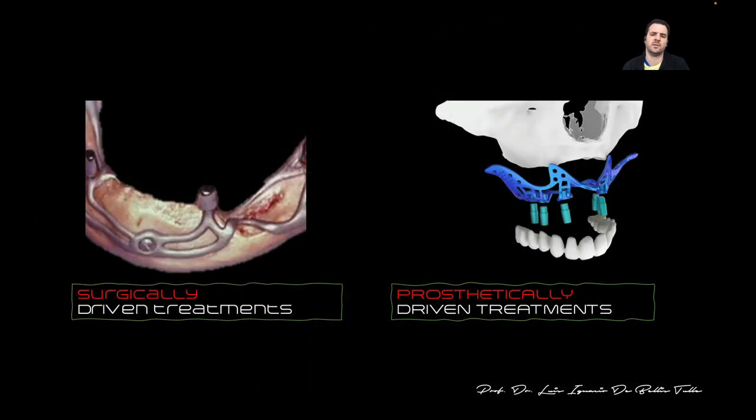For example, in this slide, we can see the same treatment, but in different periods. In the left picture, we can see a treatment that is under the umbrella of the philosophy that was born in the early 20s, a surgically driven philosophy.